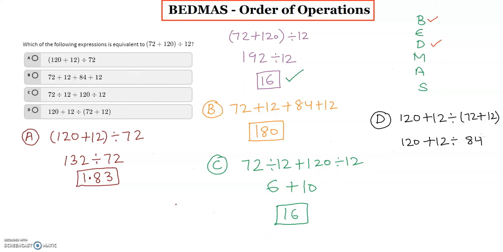So in that case I can just stick to 2 decimal places. So I can say 0.14. If you want to keep it as a fraction, you can keep it as a fraction. When I add 120 and 0.14, I get 120.14, which is not equal to 16. Therefore, the correct answer is option C.